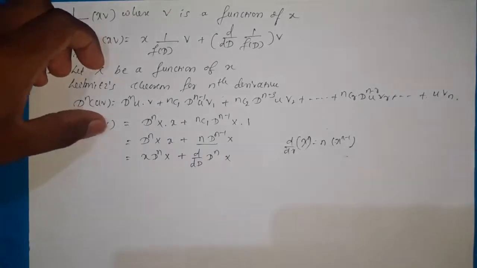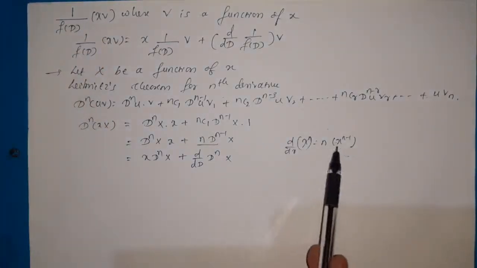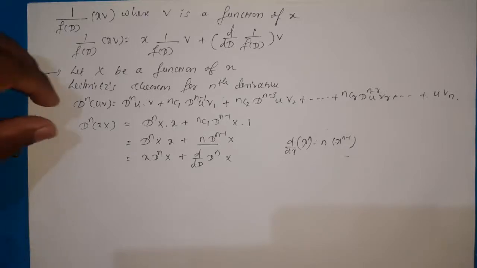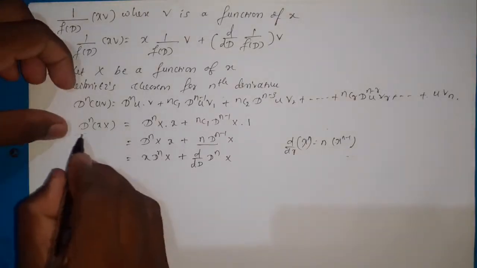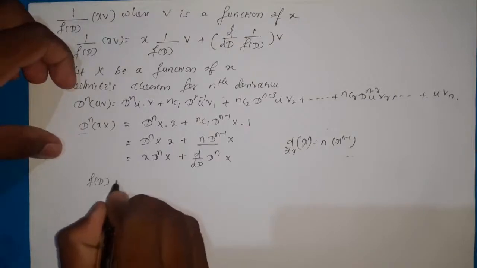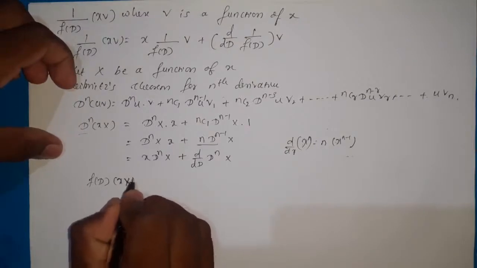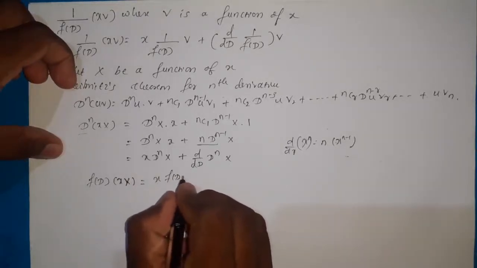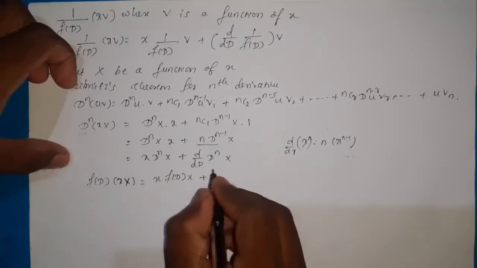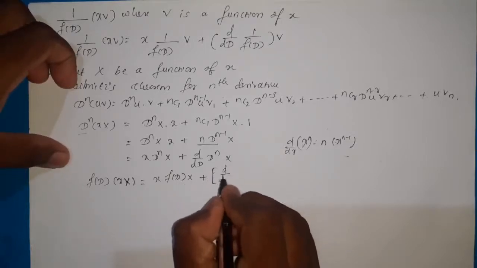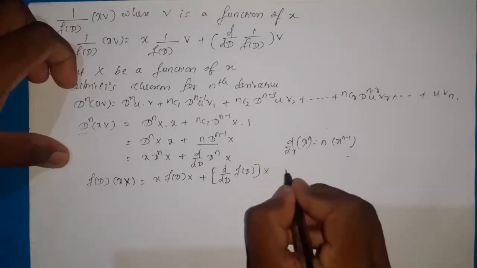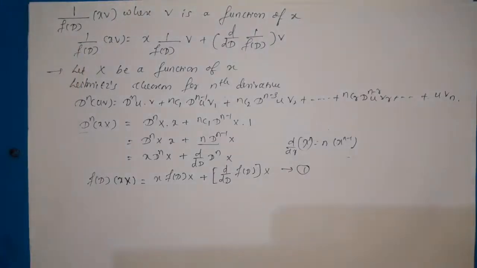Similarly, n into D power n minus 1 can be written as d by dD of D power n. So D power n can be written as f of D into x into capital X is equal to small x into f of D of capital X plus d by dD of f of D into capital X. Consider this as equation number 1.